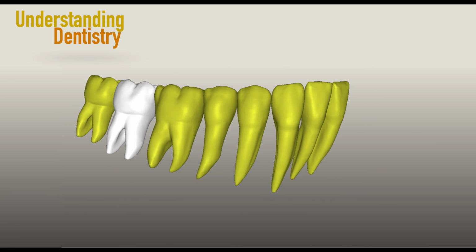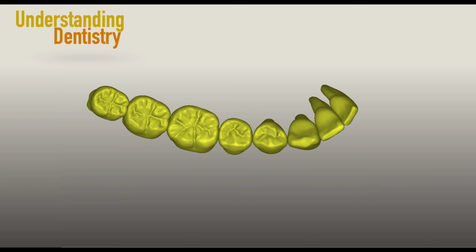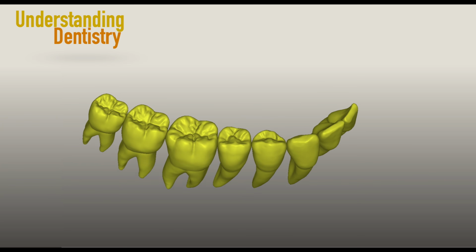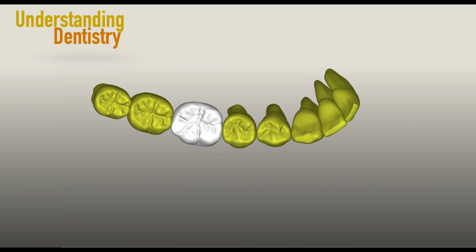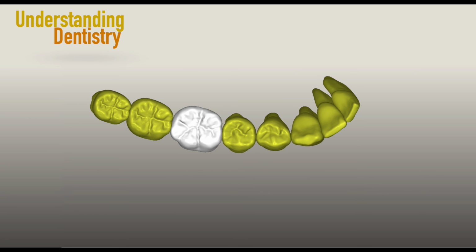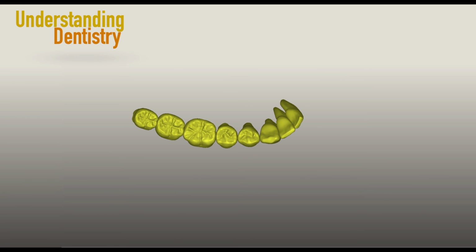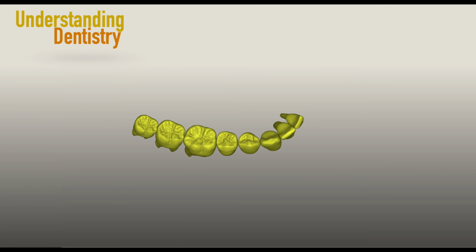We can see that the contact points of posterior teeth are areas, whereas for anterior teeth, the contact points are actually points. So they are small points. Please realize that all the incisal edges are also in line with the buccal cusps, just like for the upper teeth.